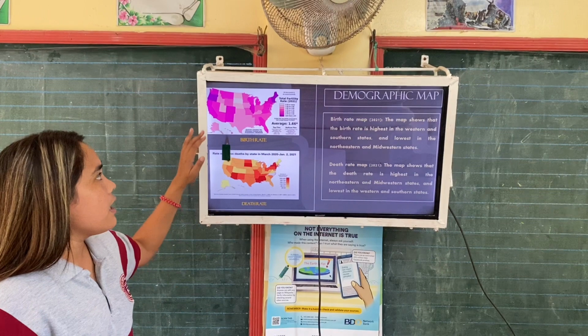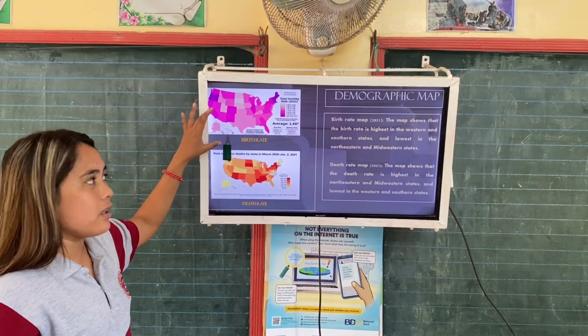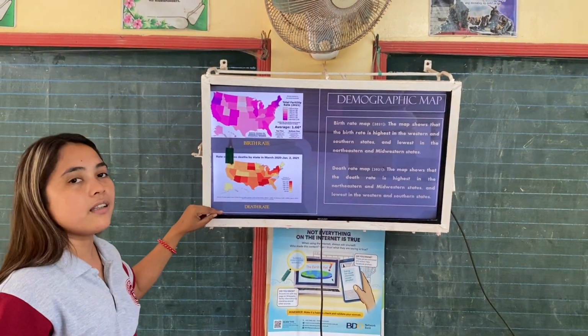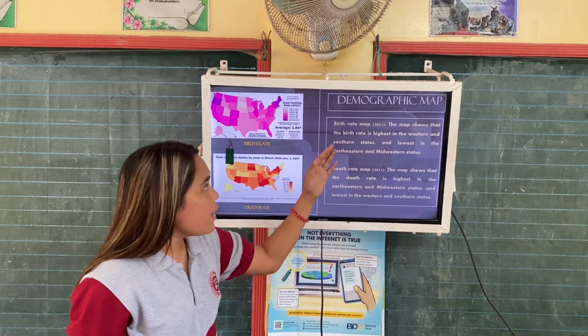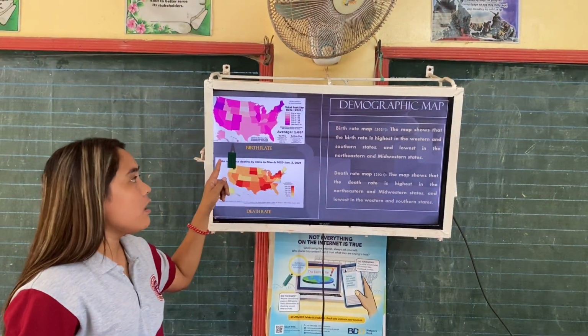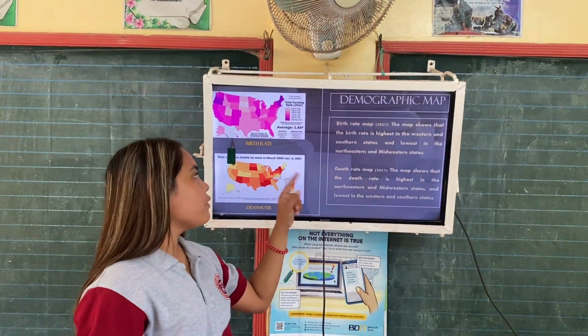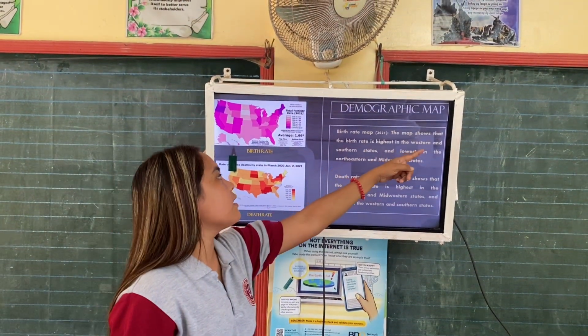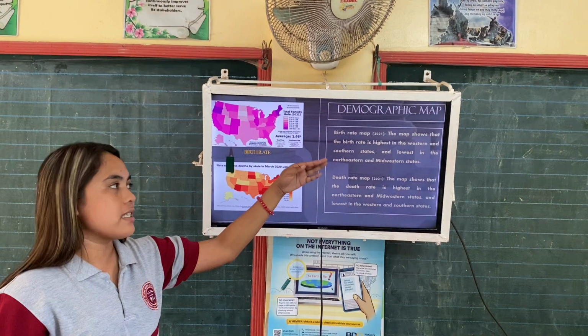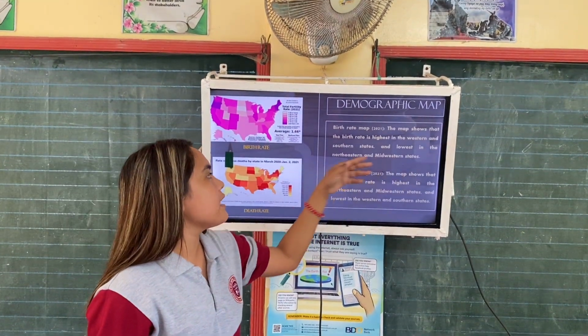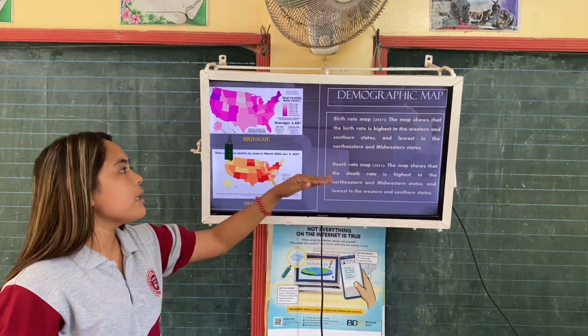As you can see, this is the birth rate of the USA and this is the death rate. The birth rate map as of 2021 shows that the birth rate is highest in the western and southern states and lowest in the northeastern and midwestern states.